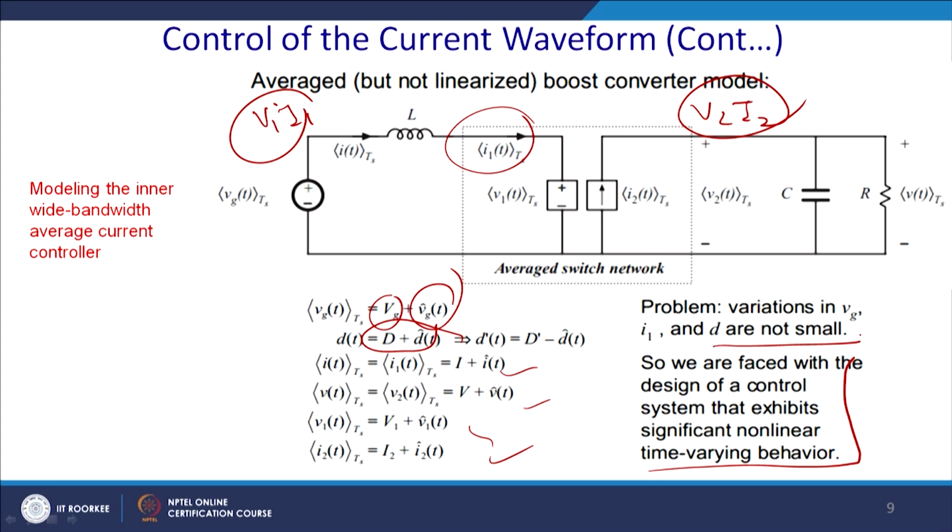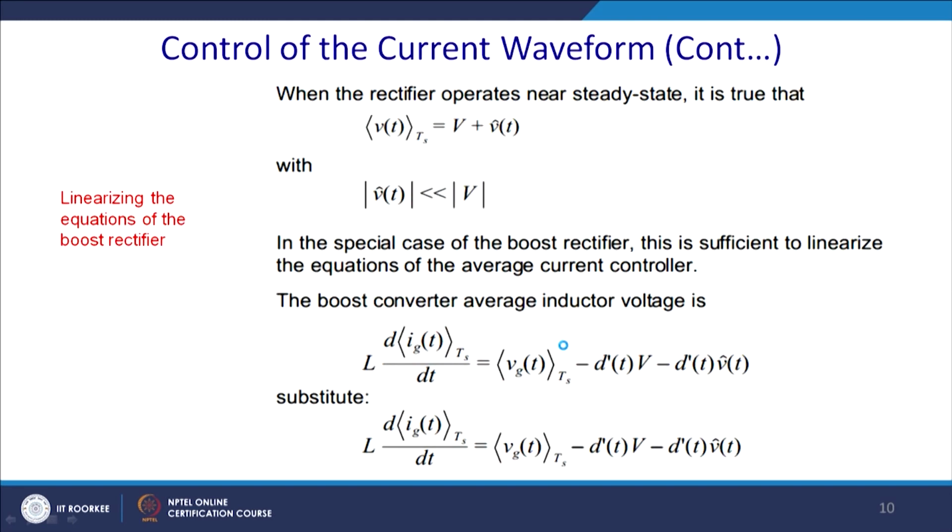This is quite trivial, actually: load may change, sag may occur. So, these assumptions are not restricted, and the system becomes a little complex. Now, let us see how we can operate it.